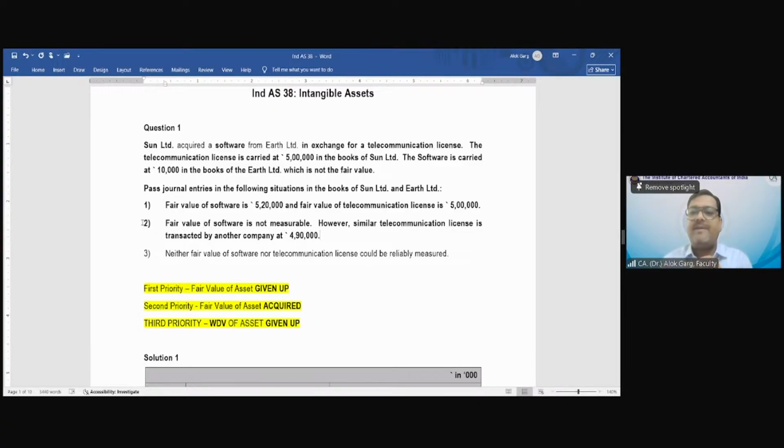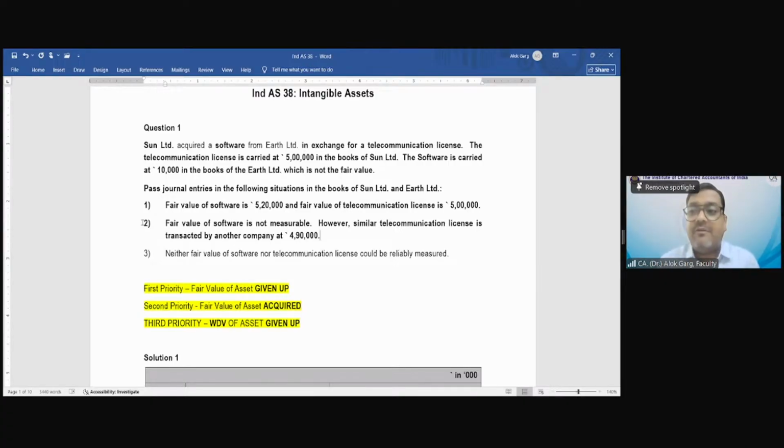What is the accounting entry? Software account debit 4,90,000. Loss on exchange account debit 10,000 to telecom license 5 lakh. So why have you credited 5 lakh in the telecom license? Because we credit the carrying amount of the asset, since you have to de-recognize the telecom license.